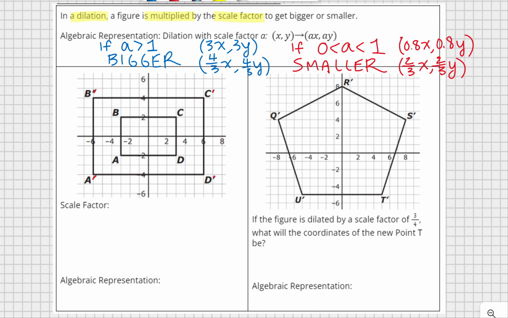To find the scale factor, we're going to pick one pair of corresponding points. So I can use point C, for example. The original point C has coordinates of an x of 3 and a y of 2, and this is my original.